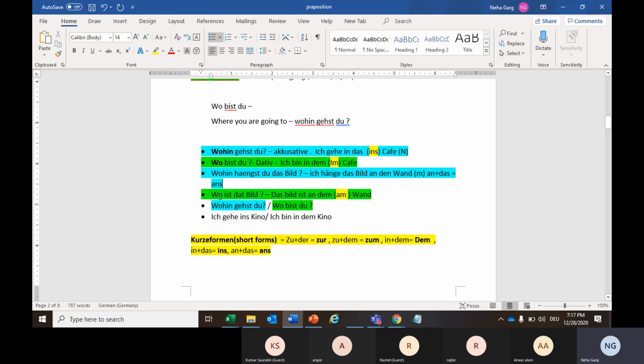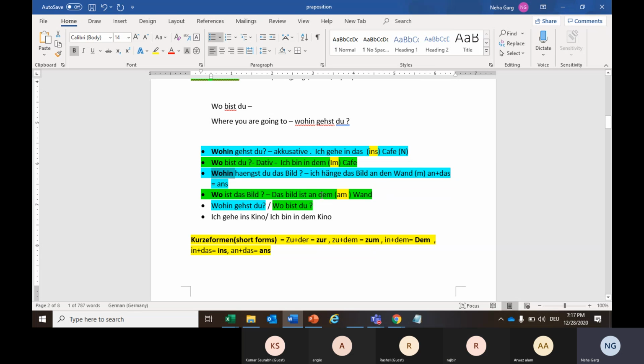But if I am asking wo ist das Bild, where is the picture? Das Bild ist an dem Wand. The picture is already on the wall. There is no movement at all, and the question is of wo. So it is going to be dative case.